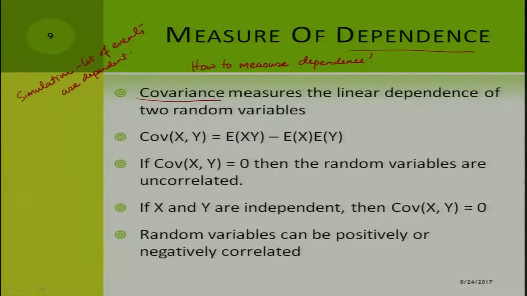Typically, the measure is given by something called covariance. Covariance measures the linear dependence of two random variables.